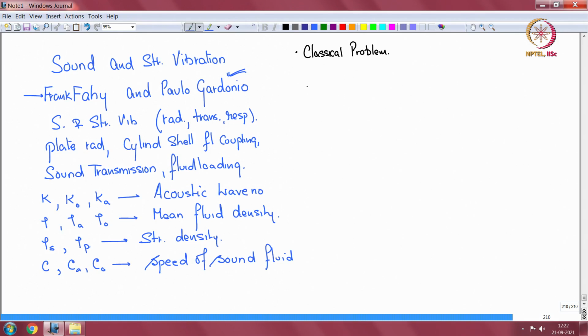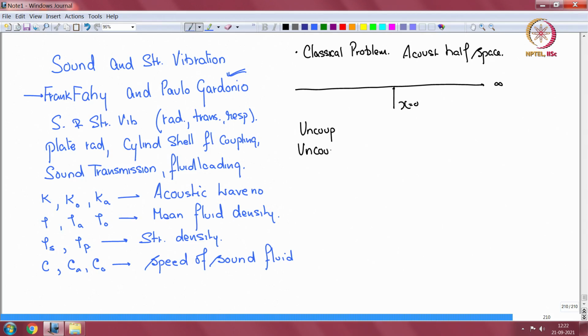So there is an infinite 1D plate driven by a line force at x equal to 0 interacting with an acoustic half space. So we looked at the uncoupled waves first of all, the uncoupled structural response and fluid response.